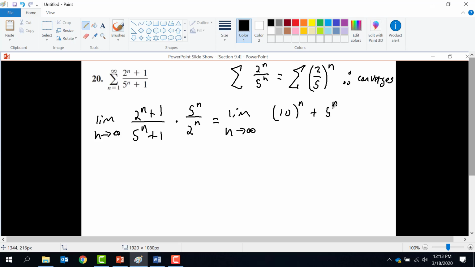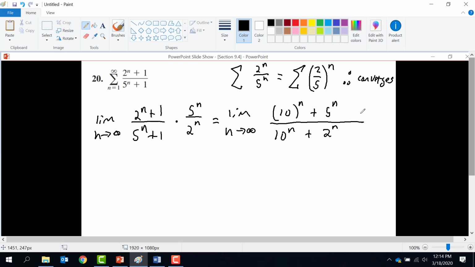That's one of the rules of exponents. Plus 5 to the n. And then over here on the bottom, you're also going to get a 10 to the n plus a 2 to the n.